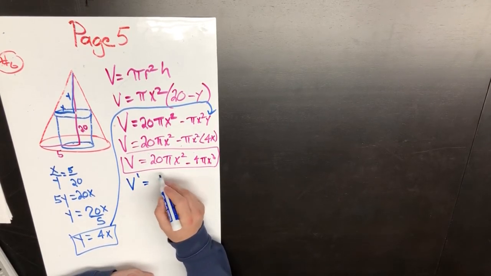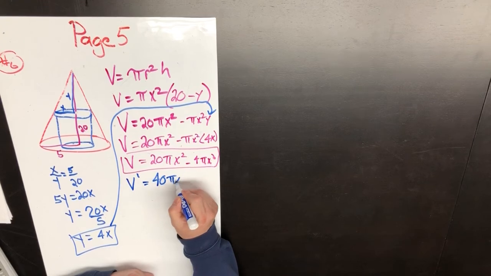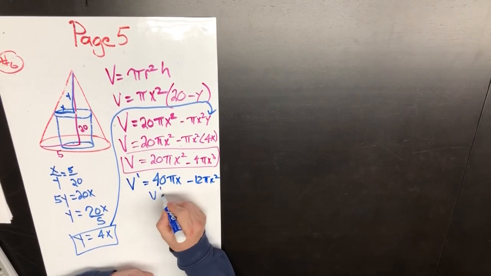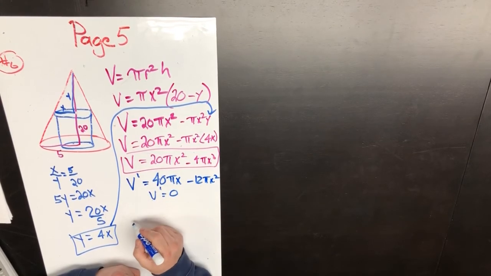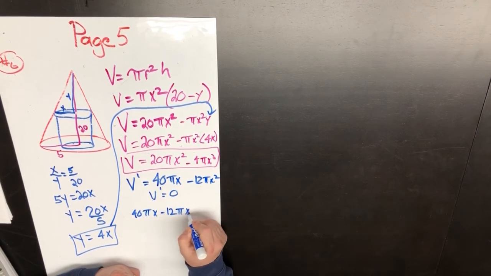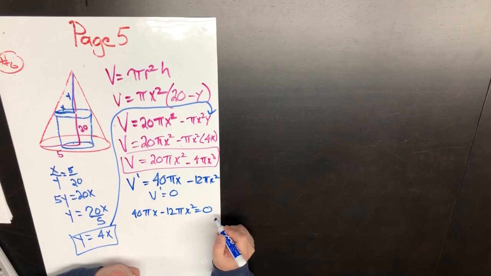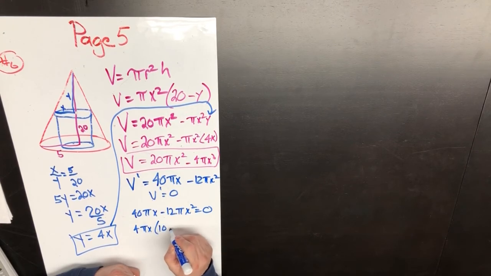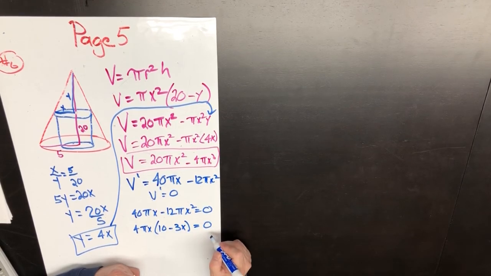Take the derivative, 40 pi x minus 12 pi x squared, and then set it equal to 0. So let's see, 40 pi x minus 12 pi x squared equals 0. You can common factor out 4 pi x from those, and you're left with 10 minus 3x equals 0, if I've got my math right here.